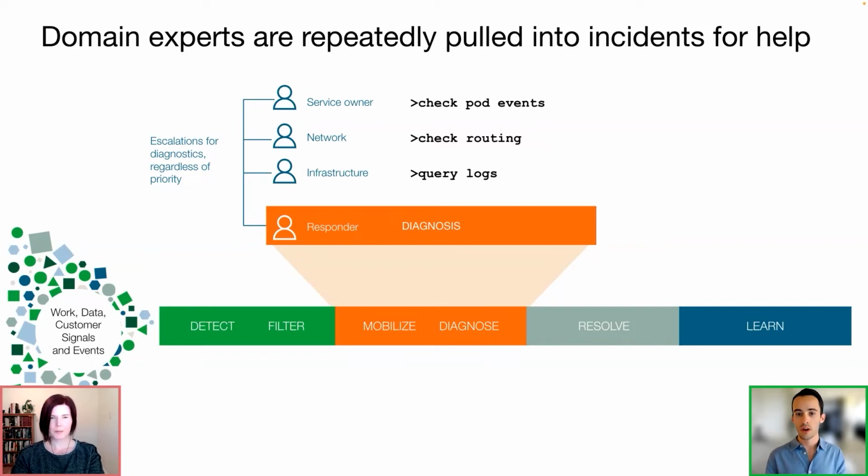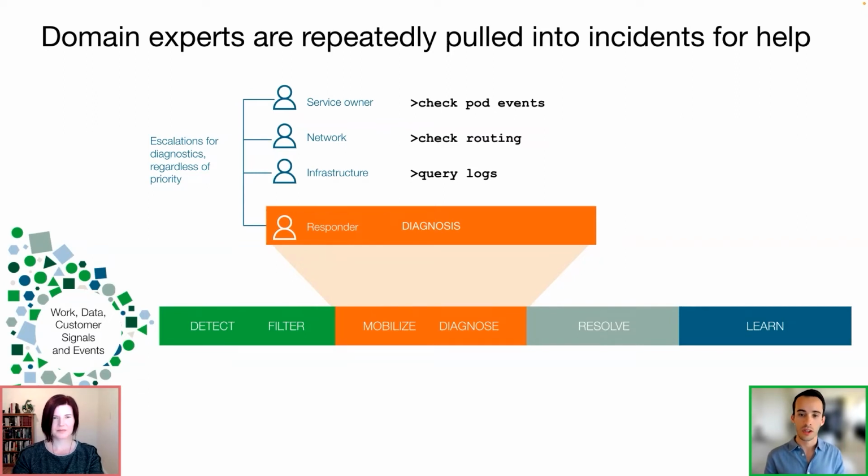It's not surprising, there's always going to be reasons that first responder needs assistance, whether that's because there are others in the team or the organization who have a particular set of skills, like networking expertise or Kubernetes expertise.